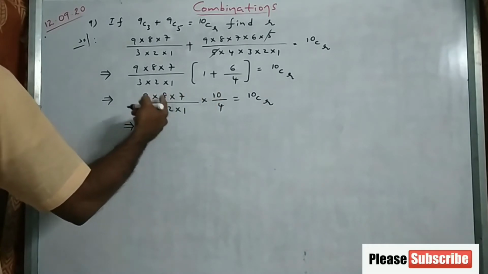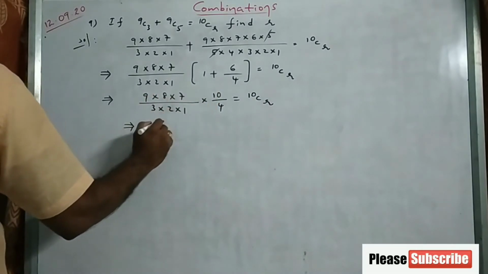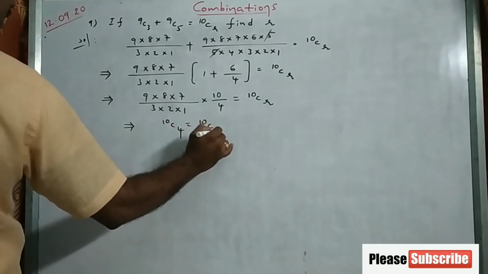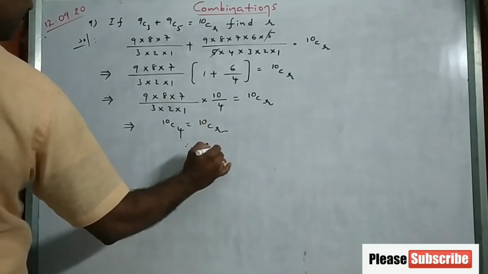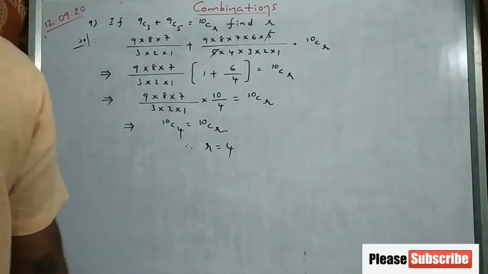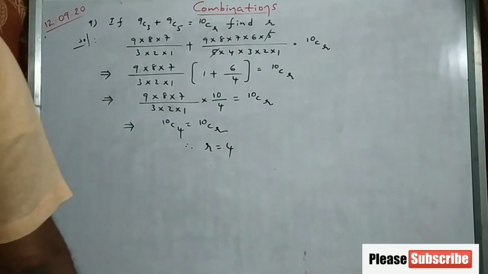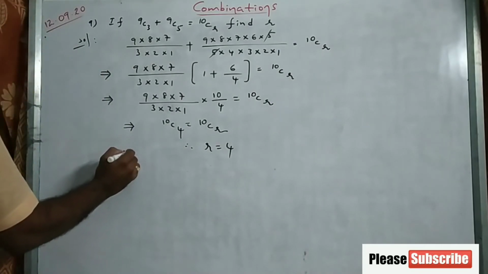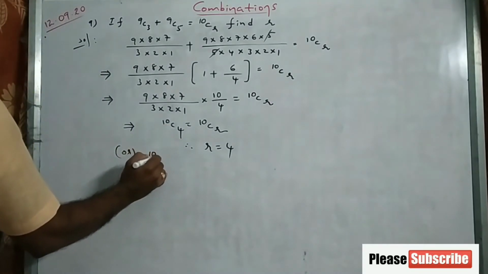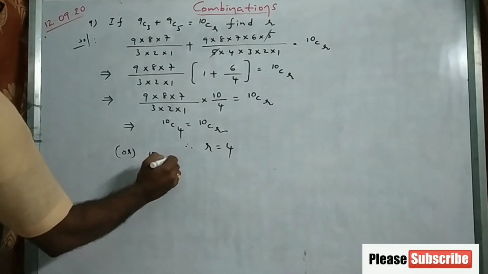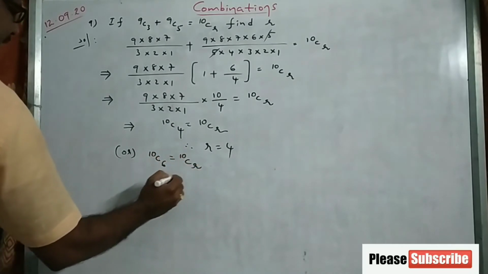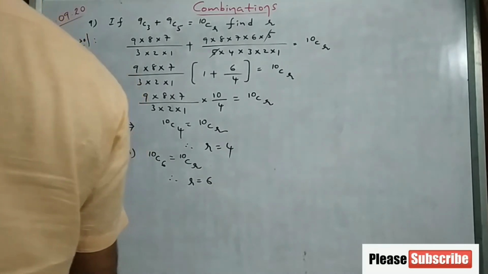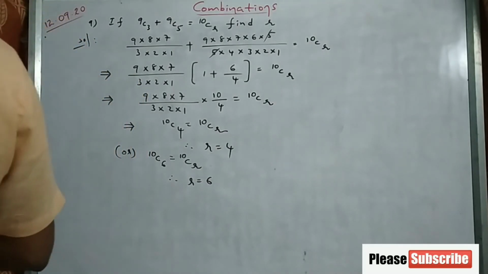So 10, 9, 8, 7 upon 4, 3, 2, 1. So I can write 10C4 is equal to 10CR. Then R equals 4. 10C4 means I can write 10 minus 4, 6, equal to 10CR. So R equals 6 also. Either 4 or 6.